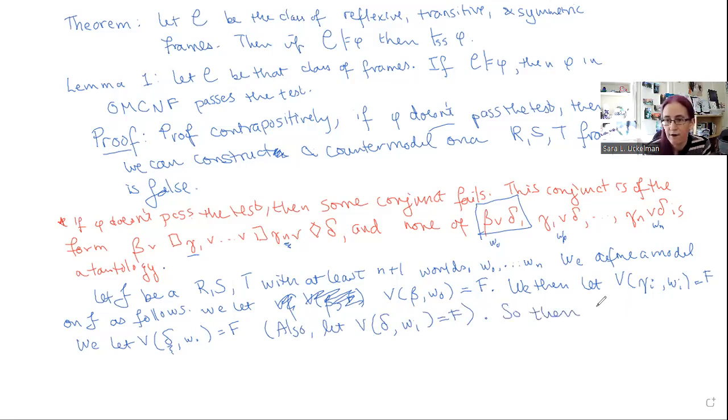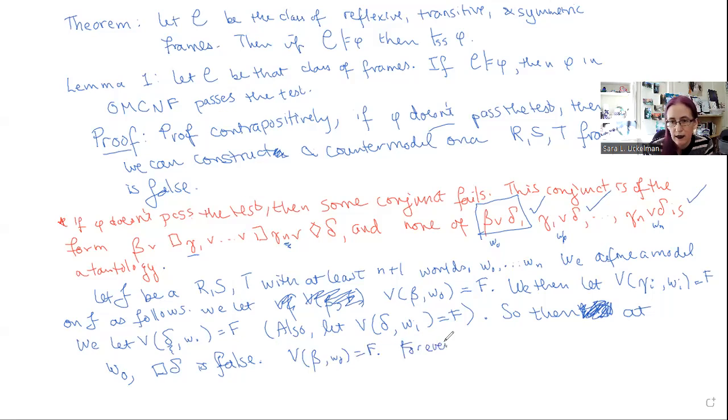So then we have that at W0, necessarily delta is false, because every world that W0 can see, delta is false at it. So that is how we ensure that each one of these disjunctions is itself false. So the value of beta at W0 equals false.